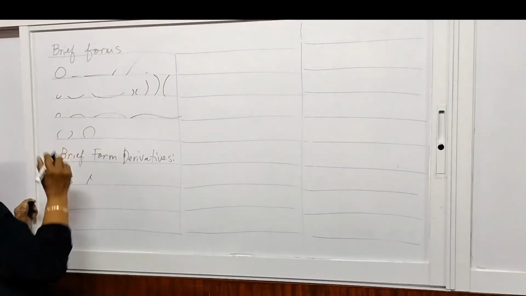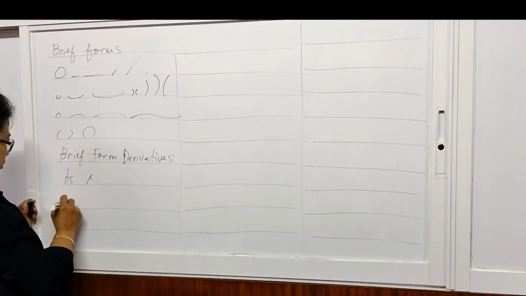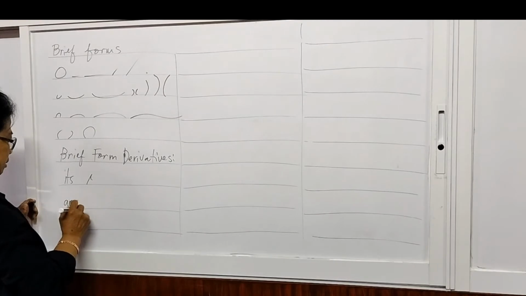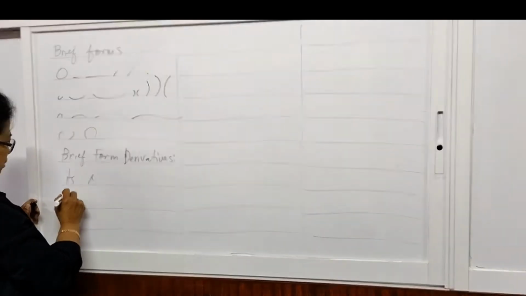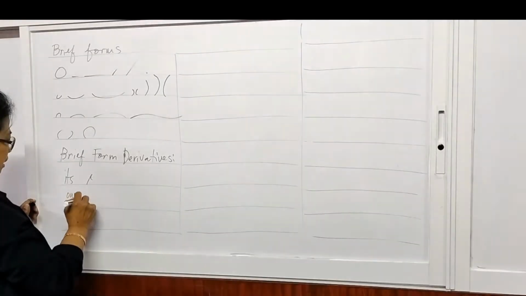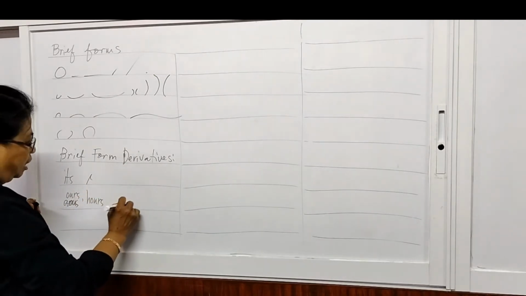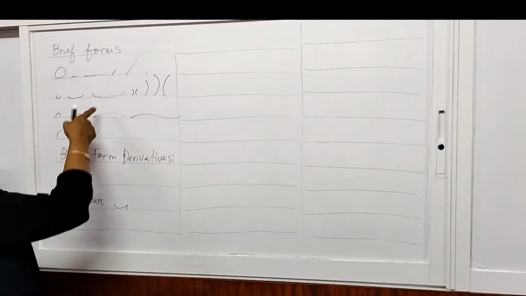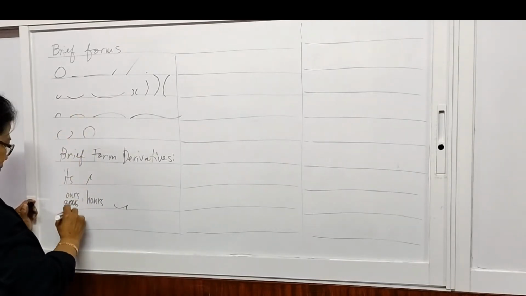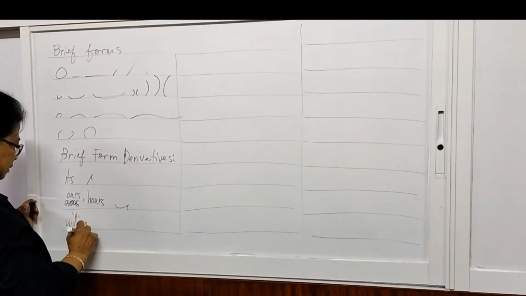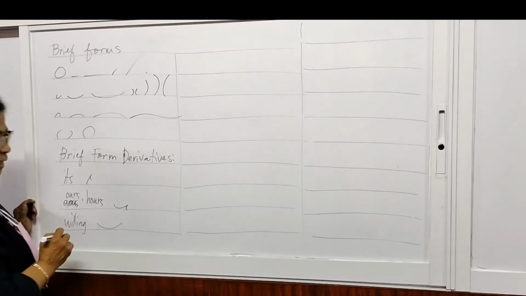Then we have, for the brief form are, we can form ours. So that is our and S. Then we have will, we add ing, that becomes willing.